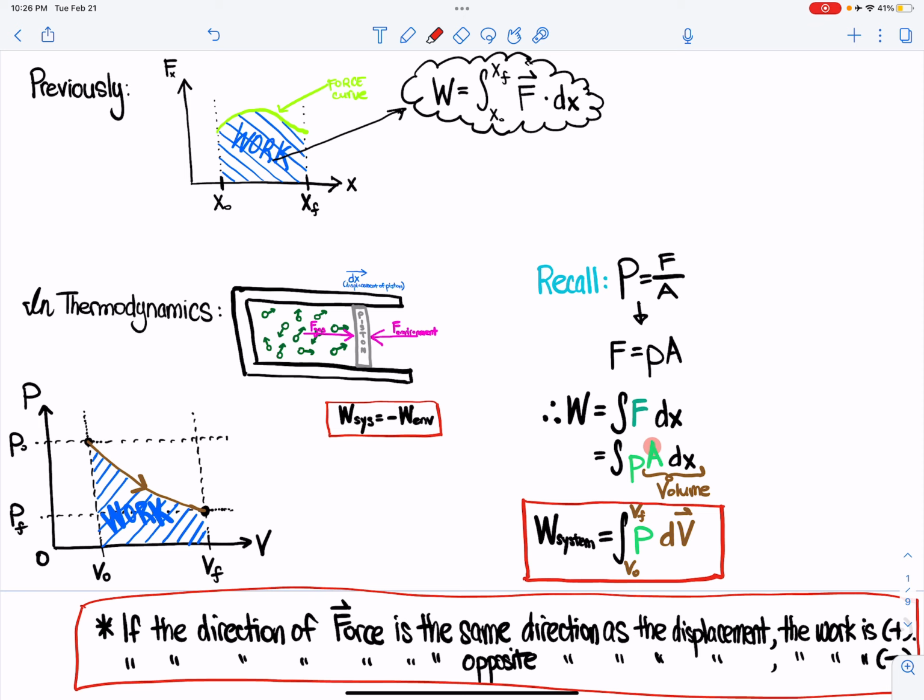So in this chapter, we'll say that the work done by the system is equal to pressure, which is here, times area times dx, which is volume. So then we have dV. The work done by the system is equal to the integral from initial volume to final volume of the pressure in dV.